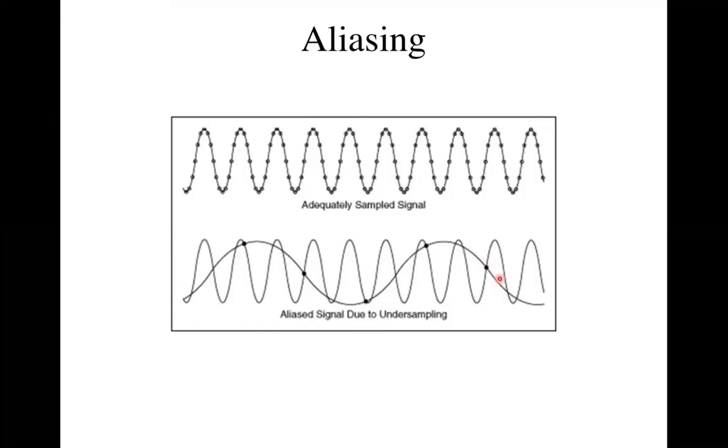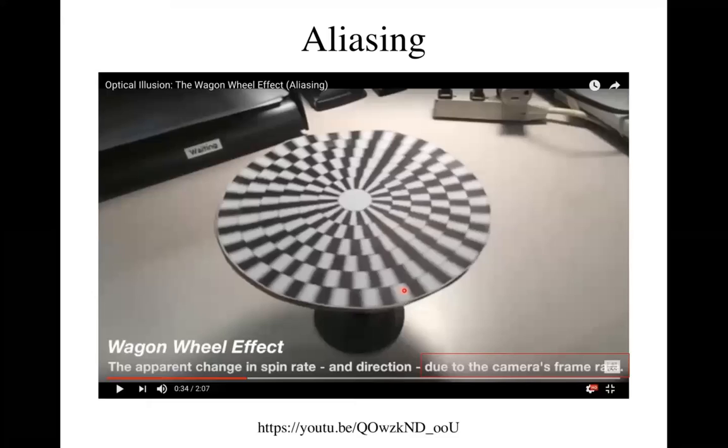I don't have the ability to resolve this frequency at this sampling rate. So the amplitude at this frequency appears, or folds back, into this lower amplitude here. So here's an example of sampling rate and aliasing.